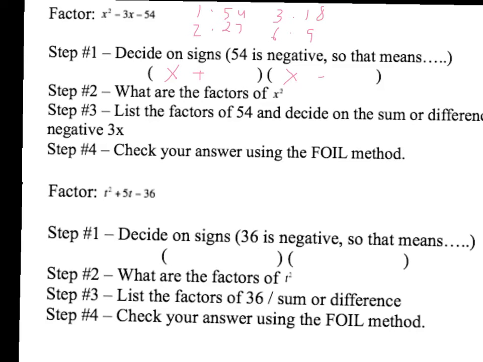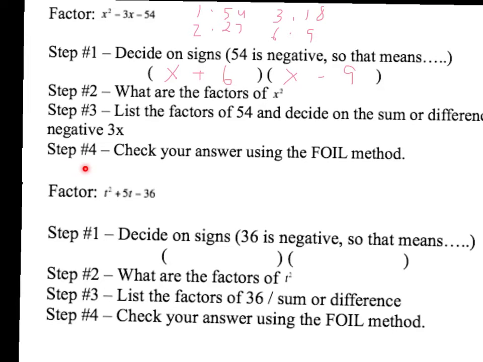Now, since these are opposite signs, I'm looking for two numbers that multiply to 54 and have a difference of negative 3. So let's see, 54 minus 1 is 53, no. 27 minus 2 is 25, no. 18 minus 3 is 15, and 9 minus 6 is 3. We want that 3 to be negative, so the bigger number must be the negative number. 9 there, 6 here. Now it says check your answer using the foiling method. So I'm going to write my check right here.